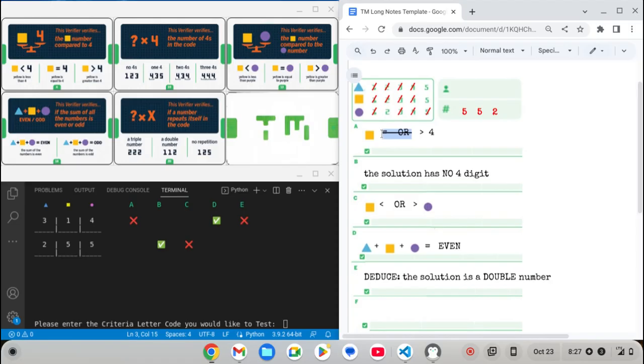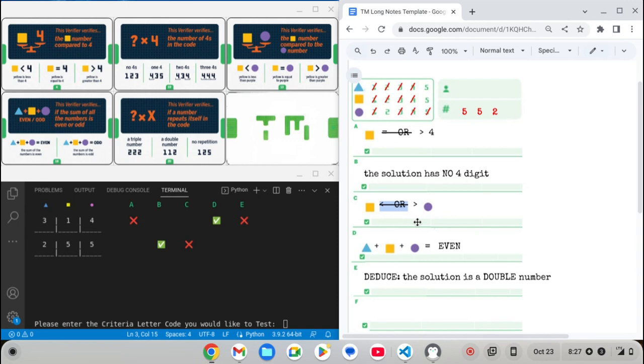And I guess we could deduce that square has to be greater than circle. So let's go ahead and cross out this.